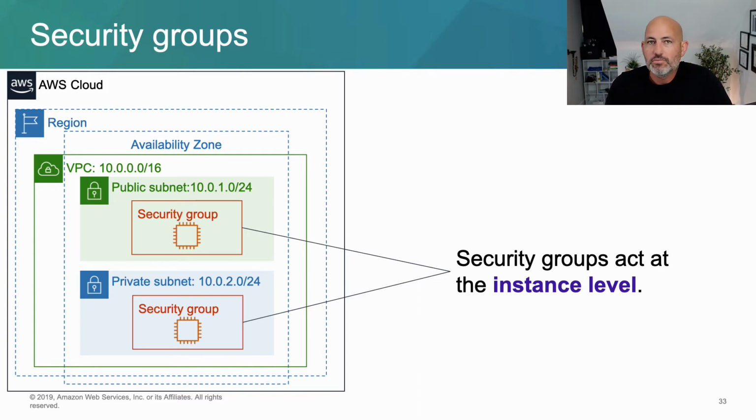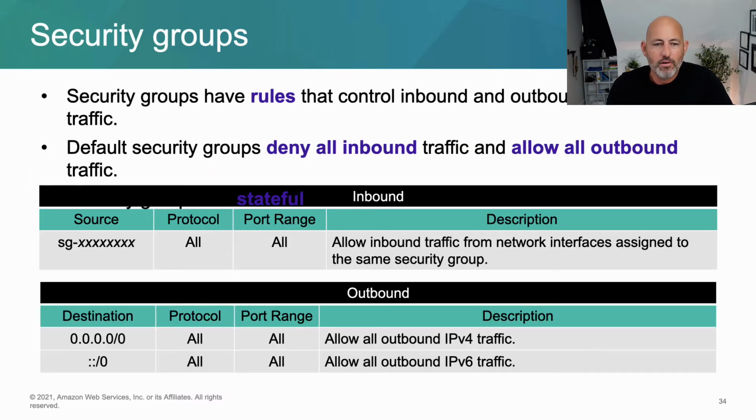The most basic way to describe a security group is that it's a way to filter traffic to your instances. So think of it as a firewall. Security groups have rules that control both inbound and outbound traffic. Most of the time, people care about the inbound traffic, but you can deny outbound traffic as well.